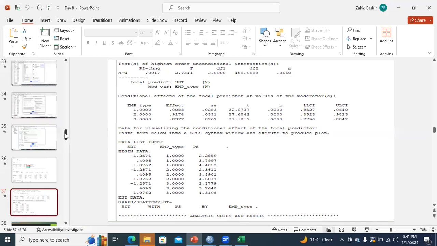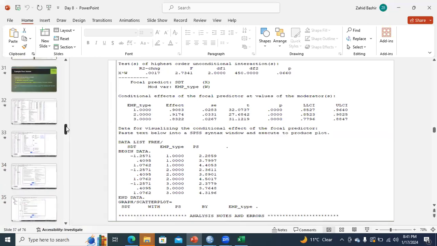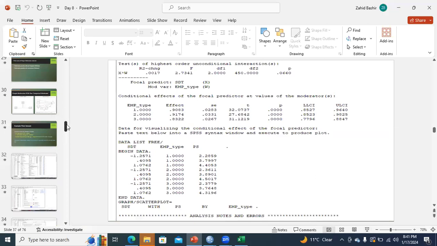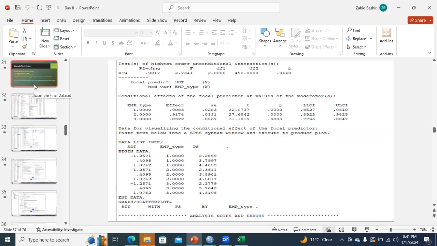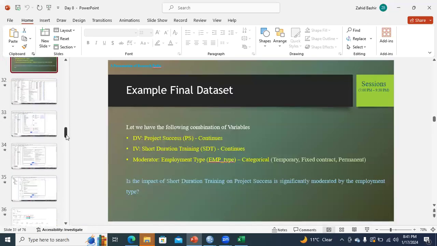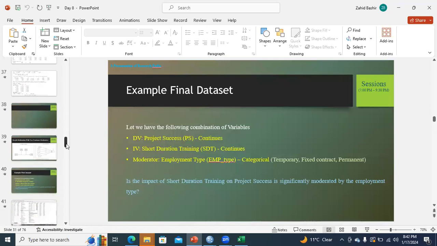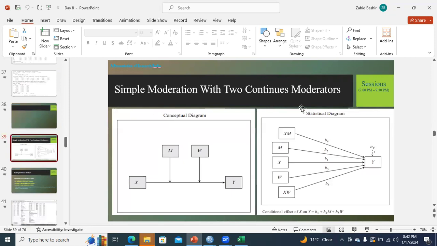So this was the advanced case of your simple moderation. Let me explain another case where you can include two continuous variables. If you include two continuous variables, what will happen, and how will your results change?